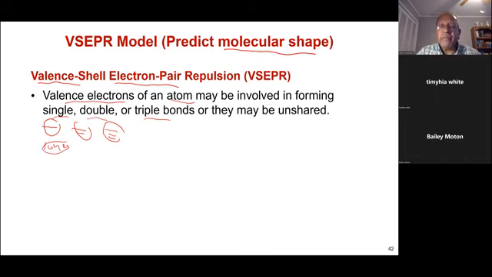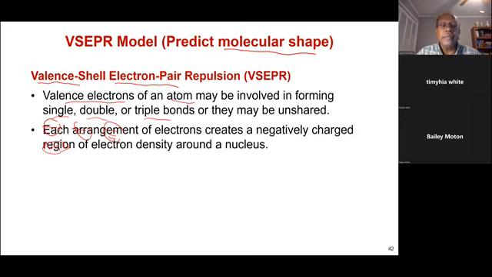When they are found in an atom, they are negatively charged around the atom. For example, oxygen in water has 2 lone pairs here, and bonding electron pairs, these 2.